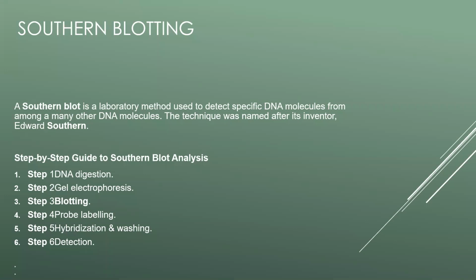What is meant by a probe? A probe is a single stranded sequence of DNA or RNA used to search for its complementary sequence in a sample genome. The probe is labeled with a radioactive or chemical tag that allows its binding to be visualized. That is called probe labeling.